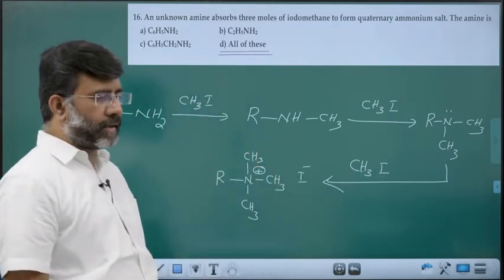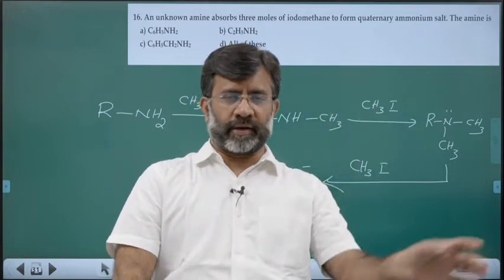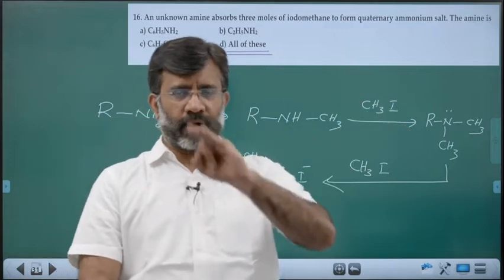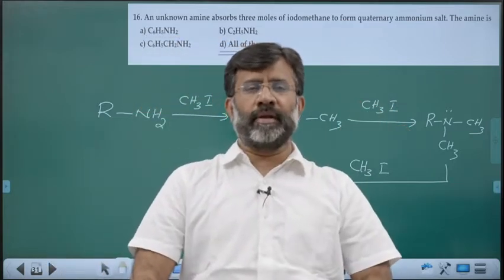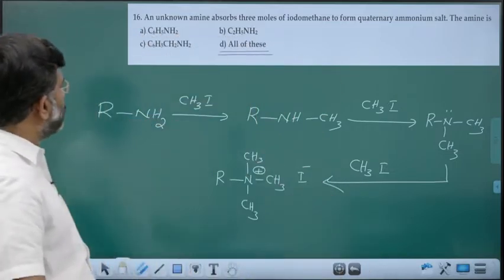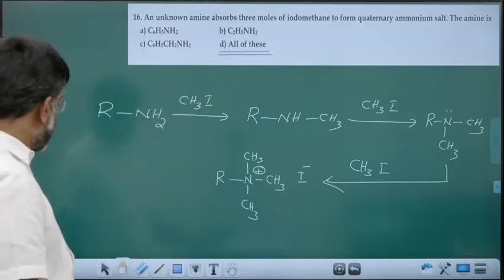This is quaternary ammonium salt. So primary is converted to secondary, 1 mole. Secondary converted to tertiary, 1 mole. Tertiary converted to quaternary, 1 mole. 3 mole will be interacting with the primary amine. Options A, B, C are all primary amines. Next question.